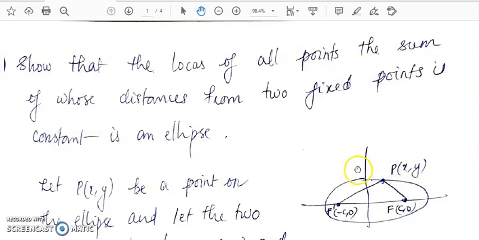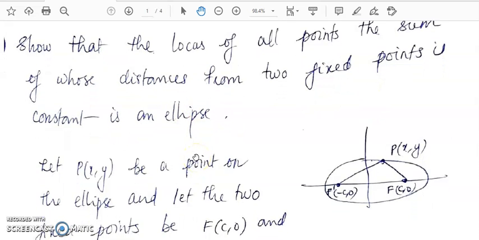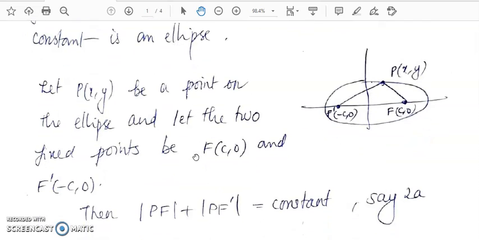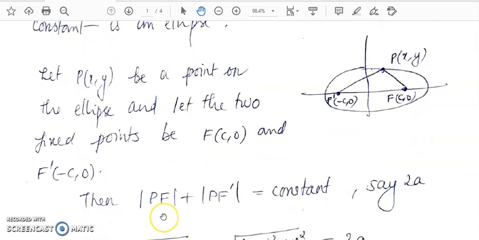So let P(x, y) be a point such that the sum of whose distances from the two fixed points is a constant. So I'll define an equation of this form. Here the distance from P to F plus the distance from P to F dash will be equal to a constant. So this is the condition.